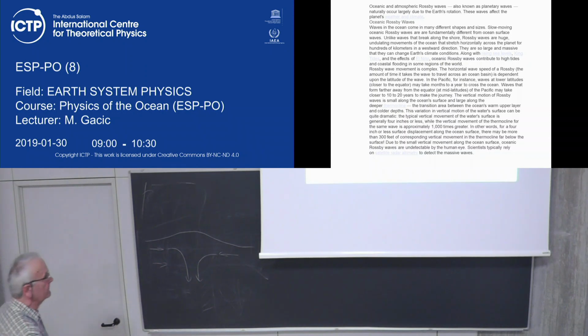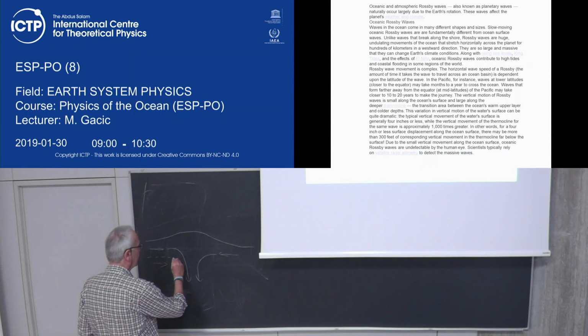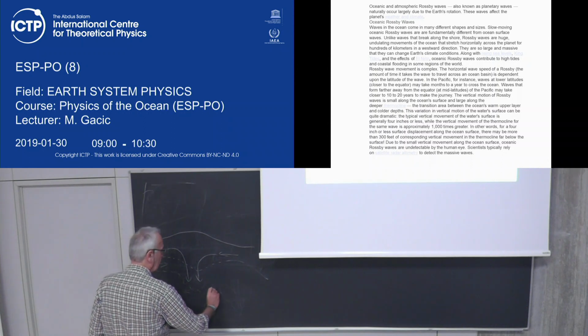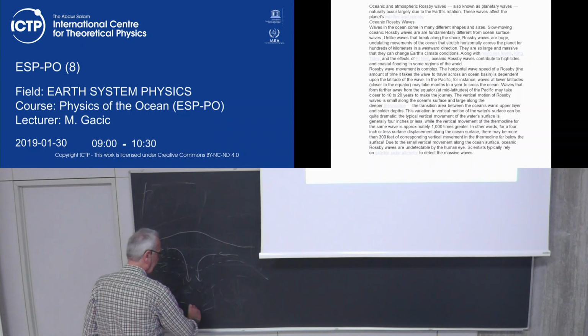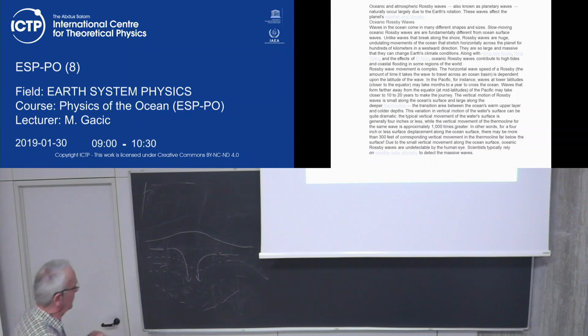As a consequence of that, the shape of the isopycnals is this way. Okay? This is vice versa. If you have the divergence, then the sea surface has a dip, and then the isopycnals are formed in that way.